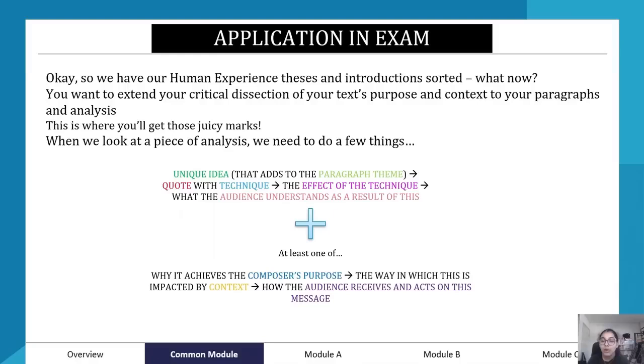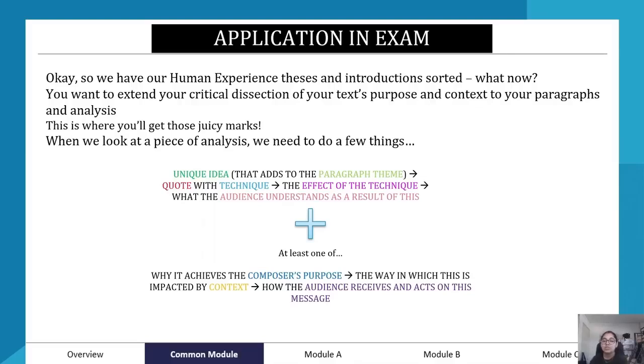We then want to substantiate that idea with a quote and a technique. And then we want to focus on the effect of that technique. What is the technique doing? And finally, we want to talk about what the audience understands as a result of that idea being explored.